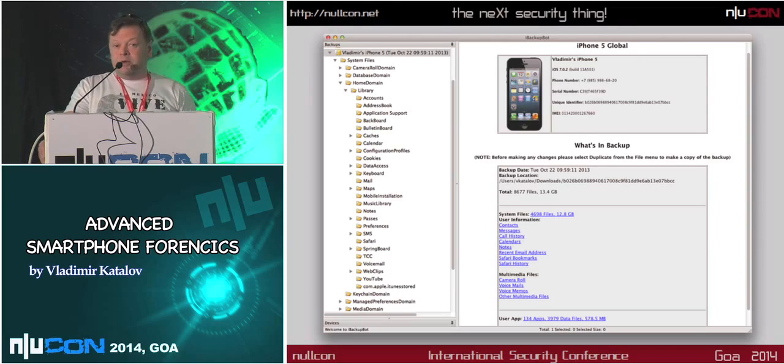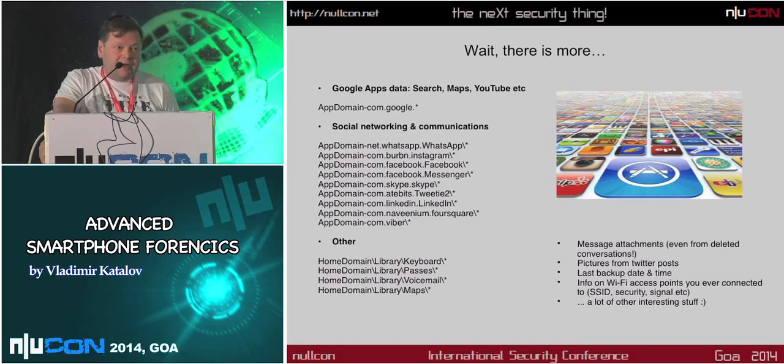But actually, there is more than that, and interesting for some organizations that analyze the iPhone contents. For example, you get the application data for all Google applications which you were using. You get the data from the social networks, from Twitter, Facebook, WhatsApp, and so on.